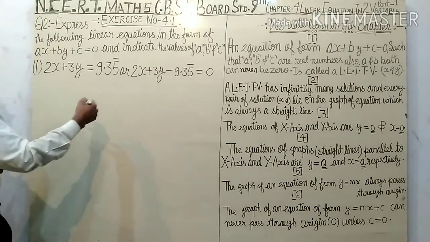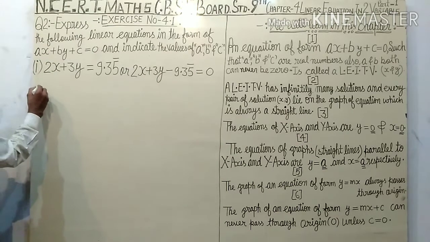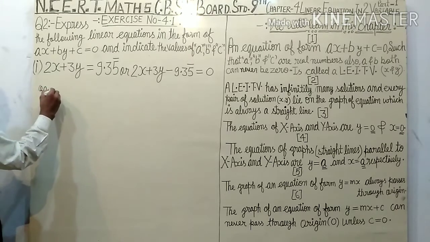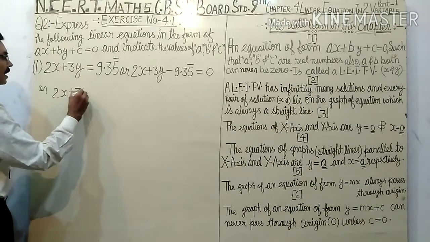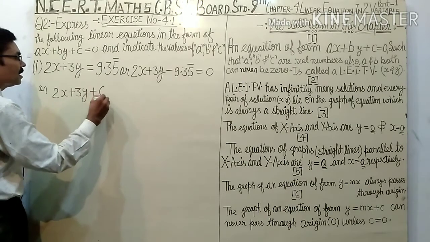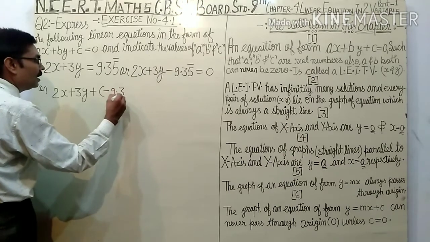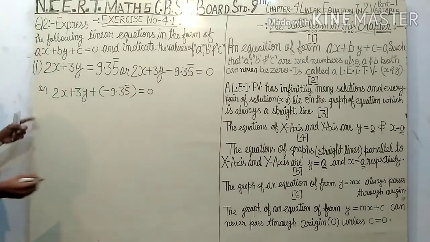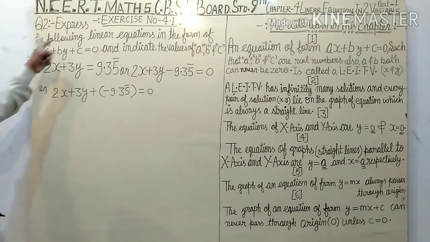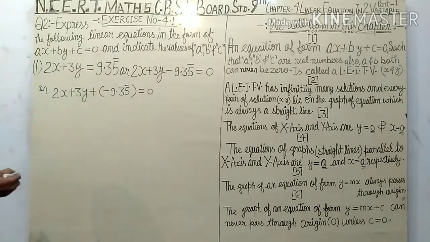Further, this can be written with a positive sign: 2x plus 3y plus minus 9.35 bar equals 0.